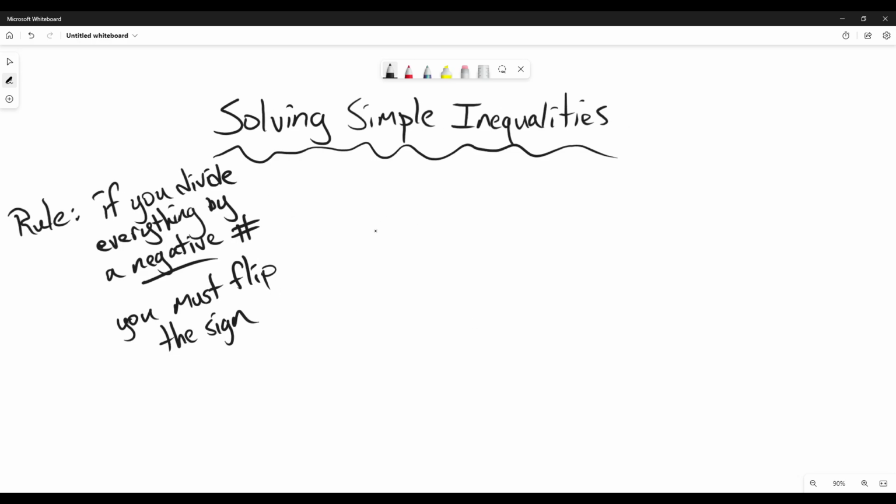So let's assume we have the inequality 4x plus 3 is greater than or equal to 2x minus 5. Let's solve this inequality. Remember, we have greater than or equal to. Let's start by first getting these constants on one side, so we're going to subtract 3 from both sides.